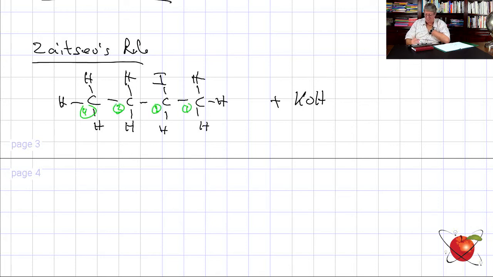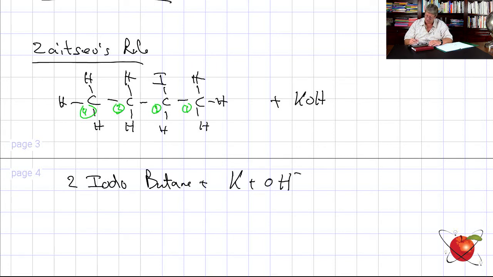Why? Because the iodine is the closest to that end. I can't label it 3-iodo, so it's going to be 2-iodo, meth, eth, prop, butane, plus a strong base, K and OH. I've just basically ionized it straight away, okay?